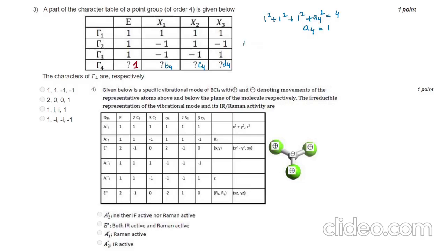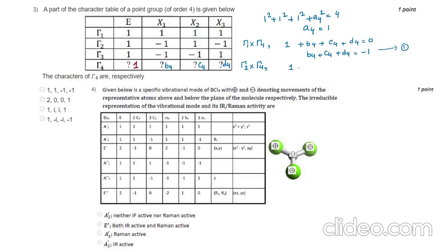Now the second thing: we have three unknowns, and three equations from the orthogonality equation, so we will do that. Gamma 1 multiplied by gamma 4 will give us 1 plus B4 plus C4 plus D4 equal to 0. Then B4 plus C4 plus D4 is minus 1. That is your one equation. What about gamma 2 into gamma 4?